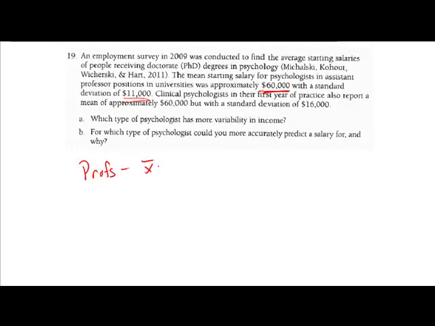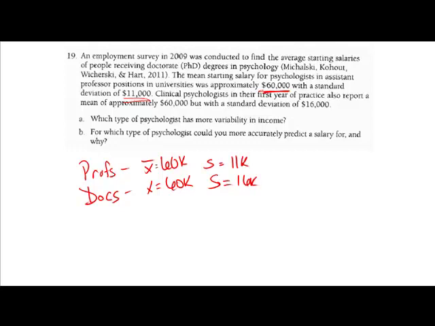Profs had a mean of 60K and a standard deviation of 11K. Psychologists in their first year of practice also report a mean of approximately 60,000, but with a standard deviation of 16,000. Let's call those docs. They can prescribe drugs. Okay, their mean for the docs was still 60K, but their standard deviation was 16,000.